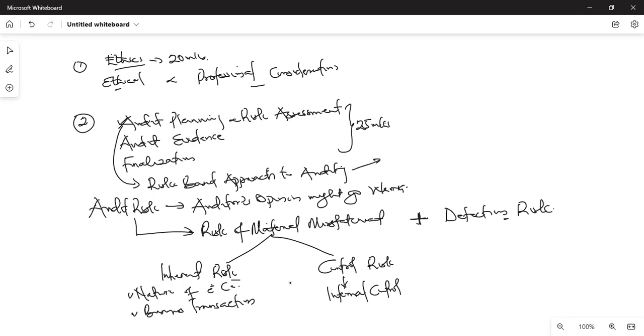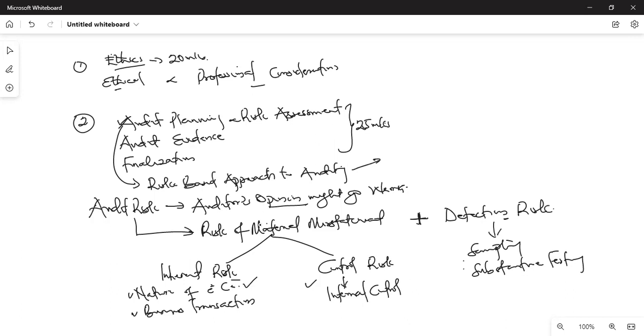Now, the other side is strictly about the auditor. We are talking about the sampling and substantive testing. If there is an inherent risk which the control process did not detect, the auditor should be able to spot it. If the auditor is not able to spot it, then whatever opinion he gives might be wrong.